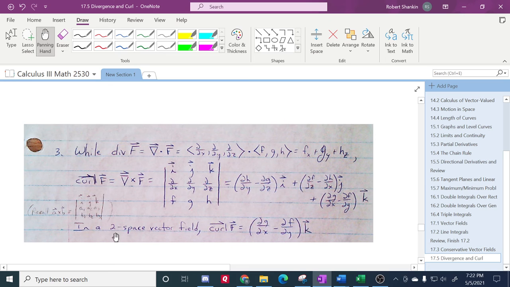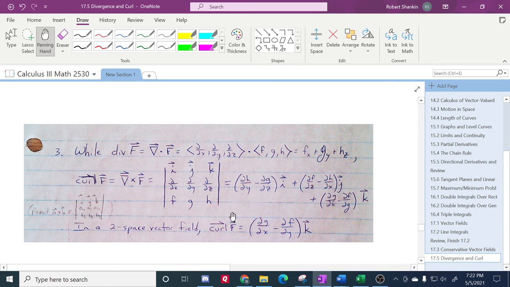Okay. In a two-space vector field, the curl would just be this one right here. What we usually do though is we don't work in a two-space vector field when we take curls. We put it in three-space, because you wind up getting in three-space anyway, because you got a K component.